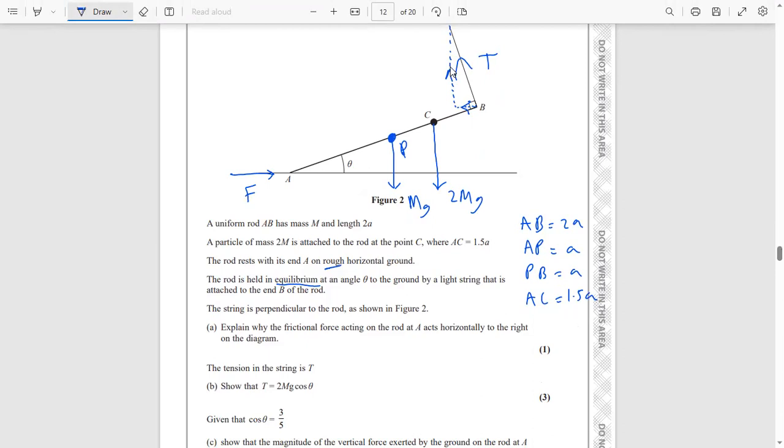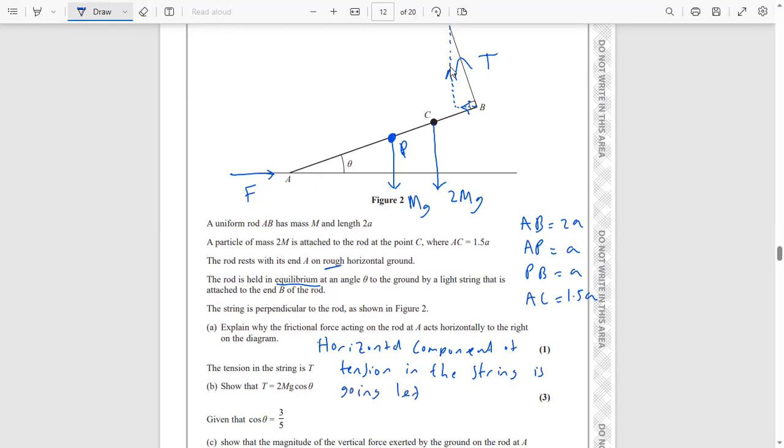So what we would say with this one is that the horizontal component of tension in the string acting on the rod is going left.